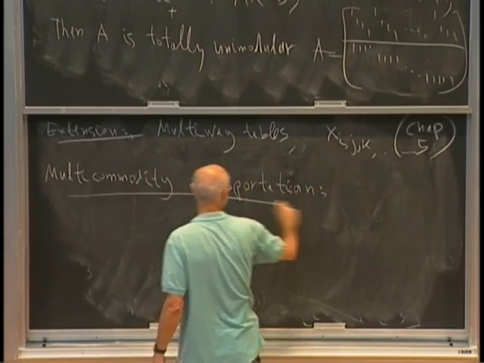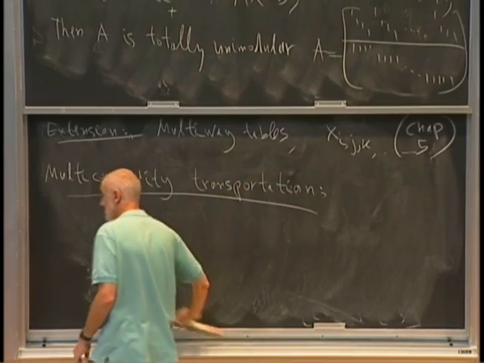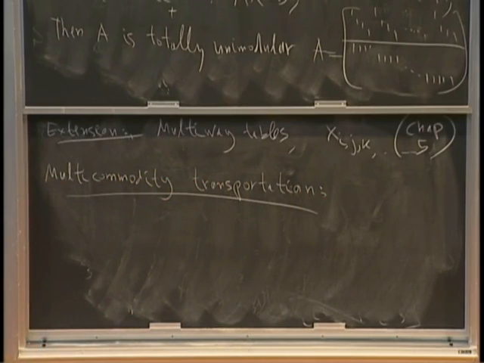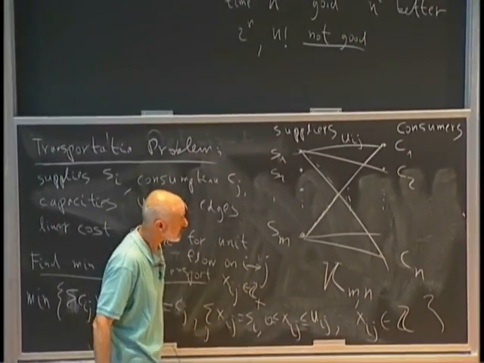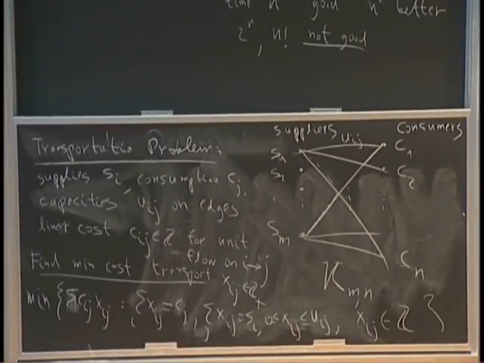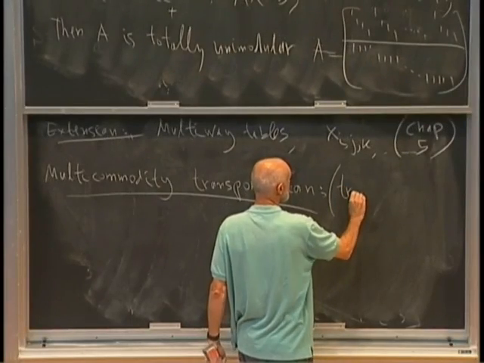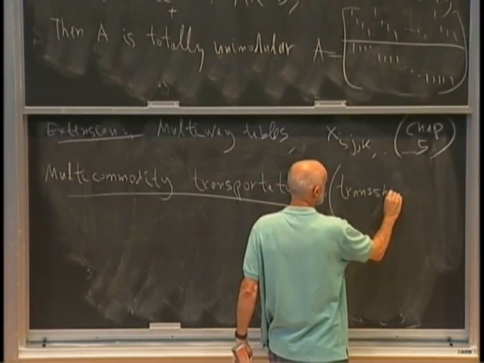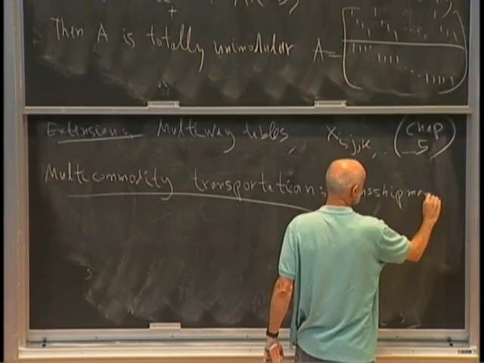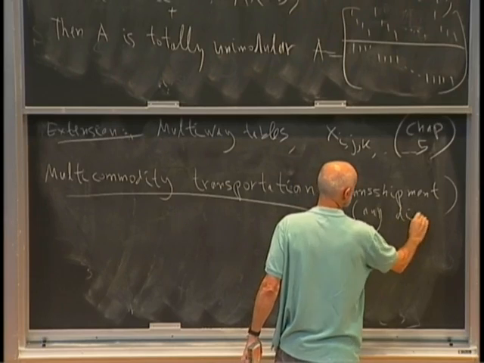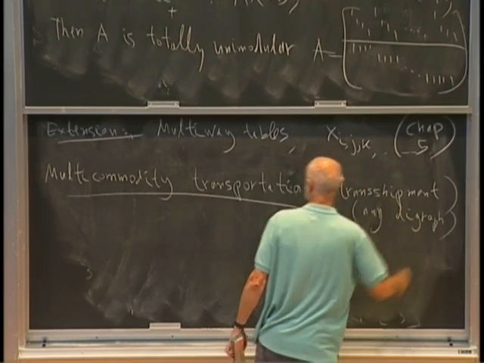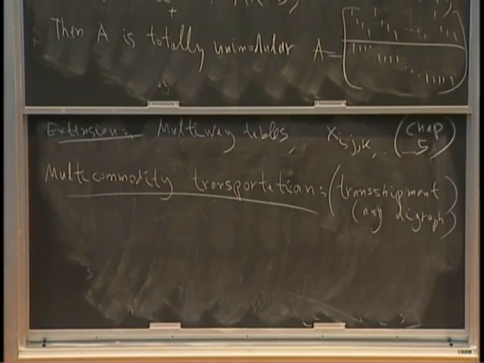Because then it is easy to set up the same program there. So what is a multi-commodity transportation? Or actually, you can talk about an arbitrary directed graph, then it's called transshipment. And again, our time is limited. Also transshipment, that's for any graph. But let's look at transportation. So what is the multi-commodity transportation?